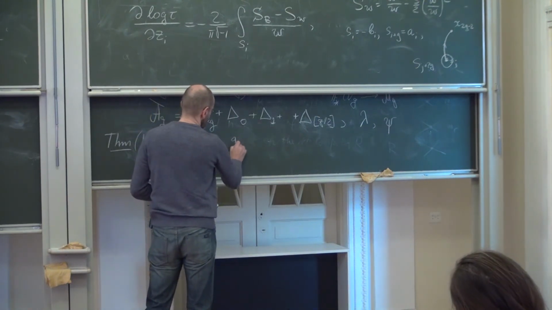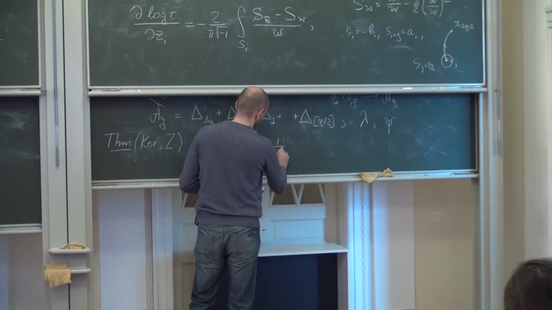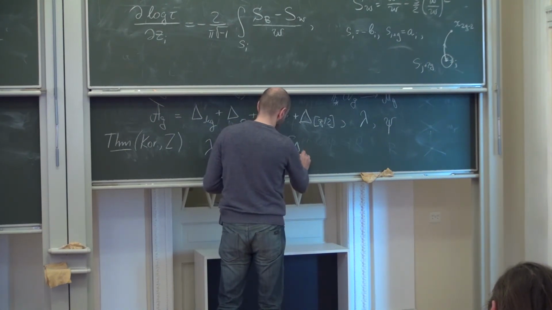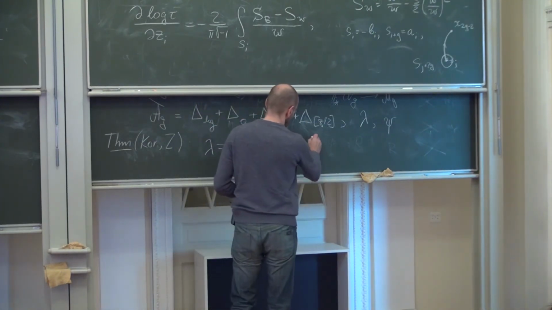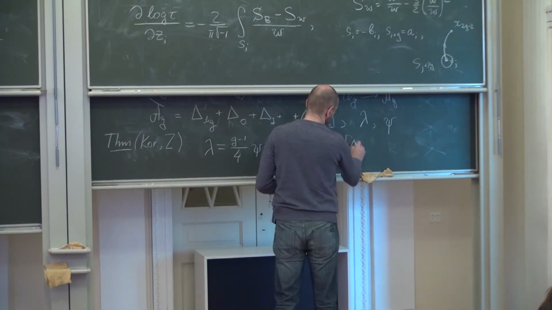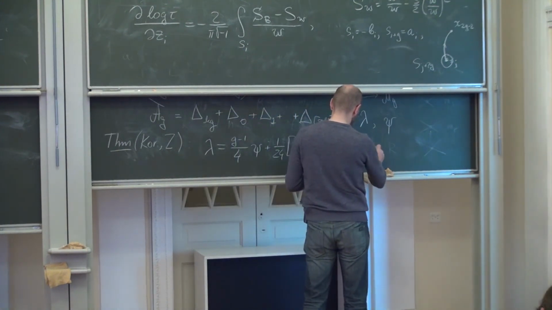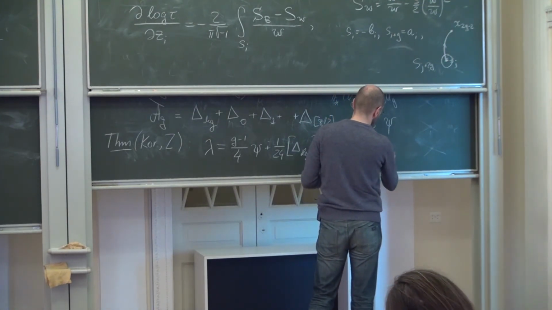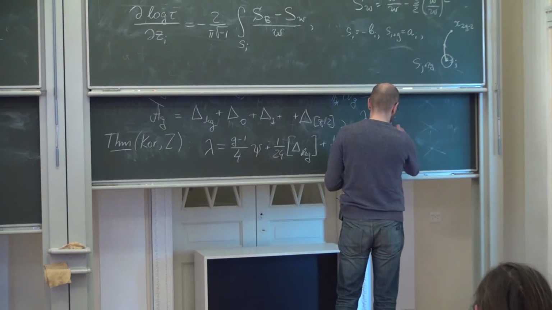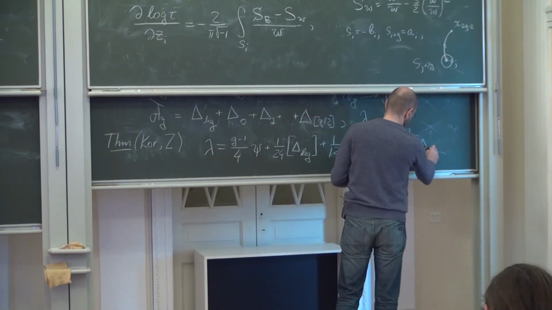The Hodge class is (g minus 1) over 4 times psi, plus 1 over 24 times the class of the divisor of degenerate differentials with non-simple zeros, plus 1 over 12 the pullback of the divisor of irreducible nodal curves, plus 1 over 8 the sum over j from 1 to the integer part of g over 2 of the classes of the divisors delta j.